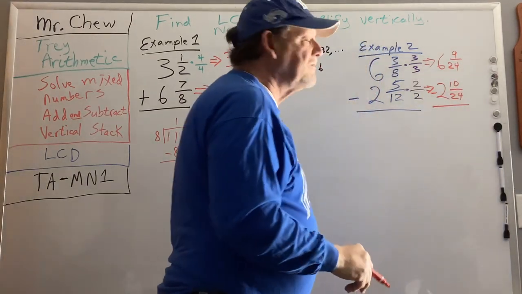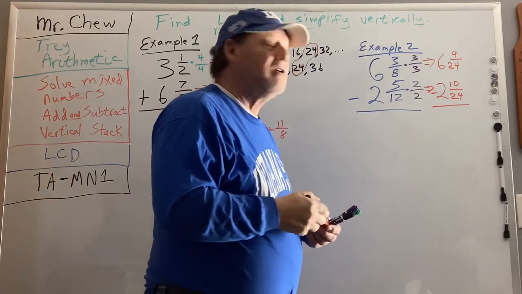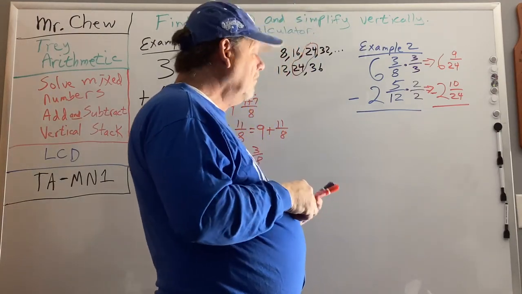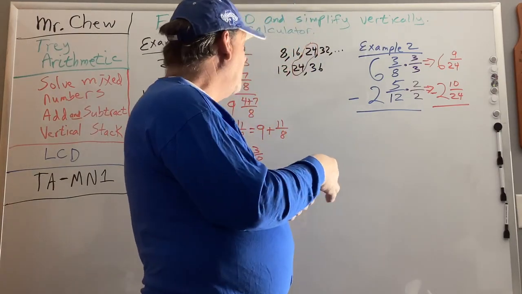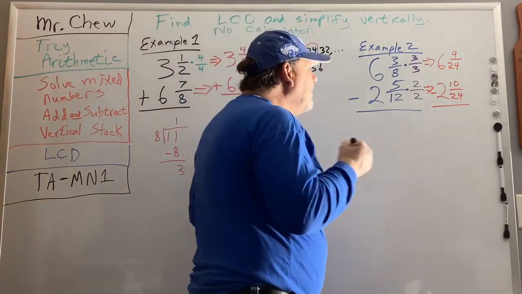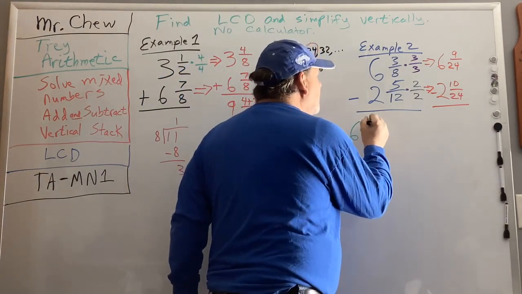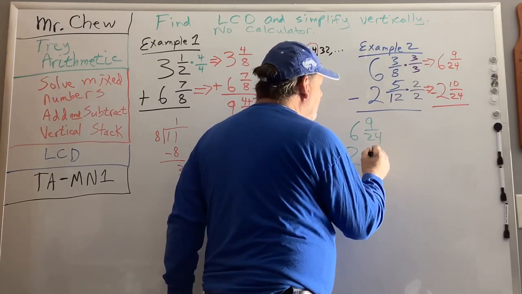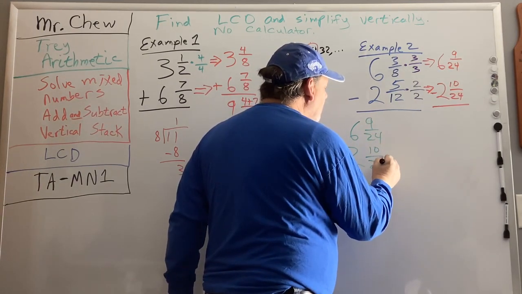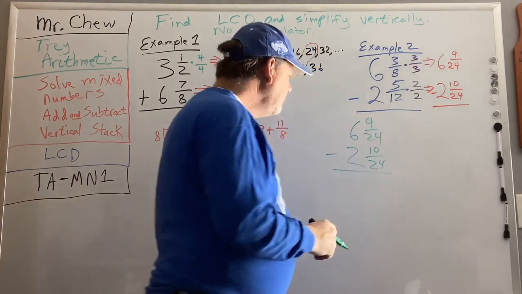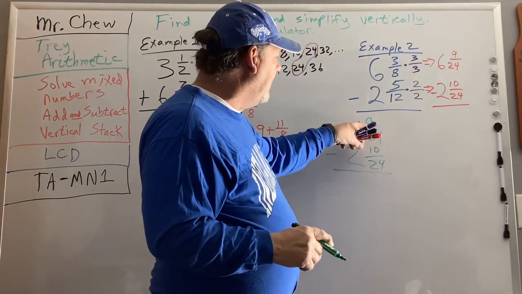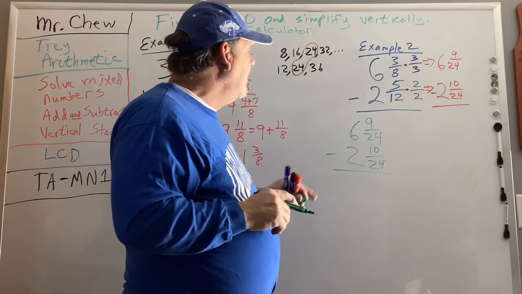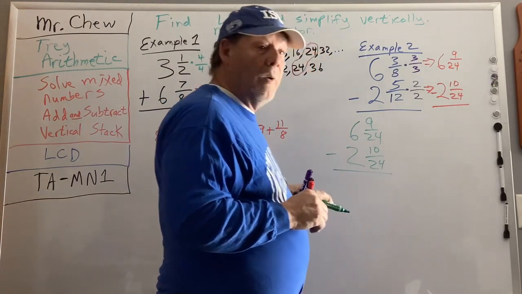Now something else is going to happen here that's going to cause a little bit of an issue. I'm going to rewrite this problem because I'm going to need a little more room to explain this. I cannot subtract 10 from 9, so I have to borrow.